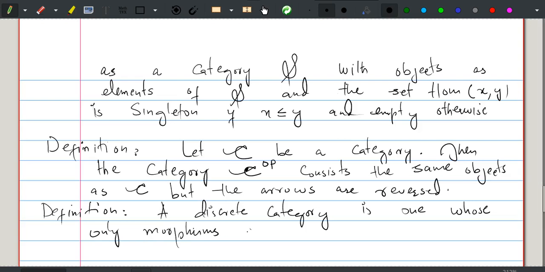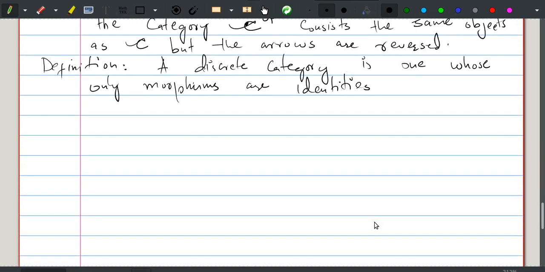That is, if we have an object A and an object B in this discrete category, then there are only these morphisms, I mean IA, IB. There are no morphisms from A to B which connect A to B. I mean there are no connecting homomorphisms.